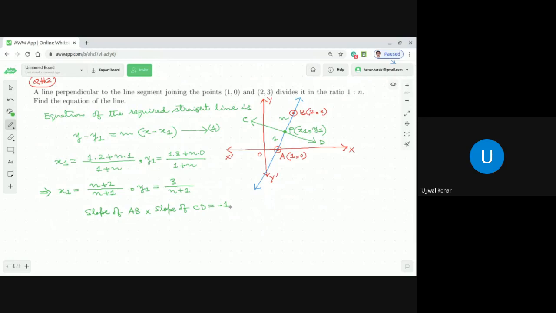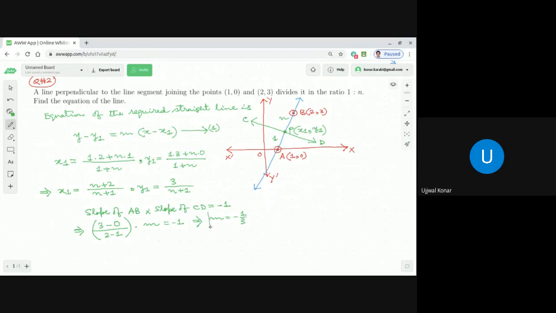We know if m1 and m2 are the slopes of two perpendicular straight lines, then m1 into m2 is equal to -1. The slope of AB is the difference of y coordinates divided by the difference of x coordinates, that is (3 minus 0) divided by (2 minus 1). That, into the slope of CD which we have assumed as m, is equal to -1. So from here, m is equal to -1 by 3.